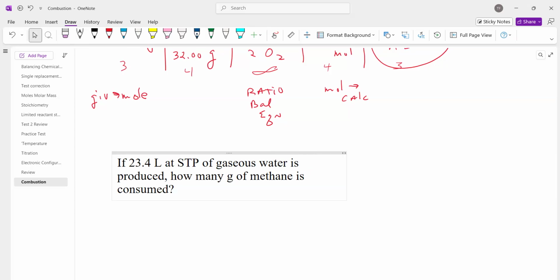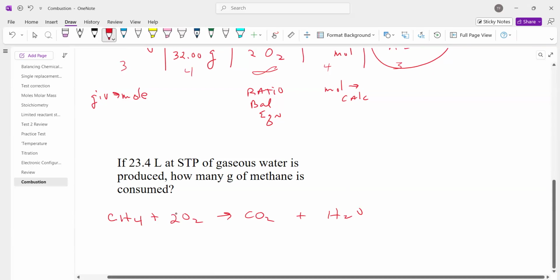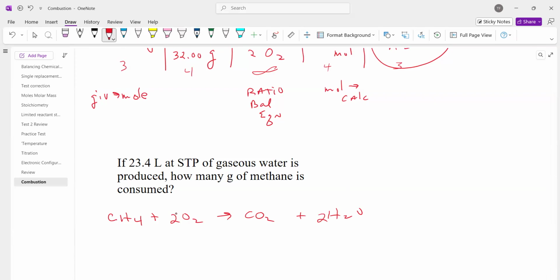How many grams of methane is consumed? Okay, so first thing is you write the equation. I'm going to use the same equation each time, so I'm going to have to balance it each time. So we're looking at methane, oxygen, carbon dioxide, and water. Okay, so let's balance it real quickly. Okay, balanced. All right, so what are we starting with? 23.4 liters of water.